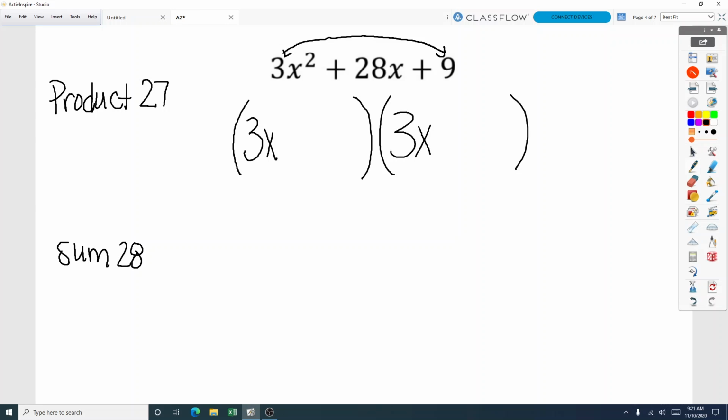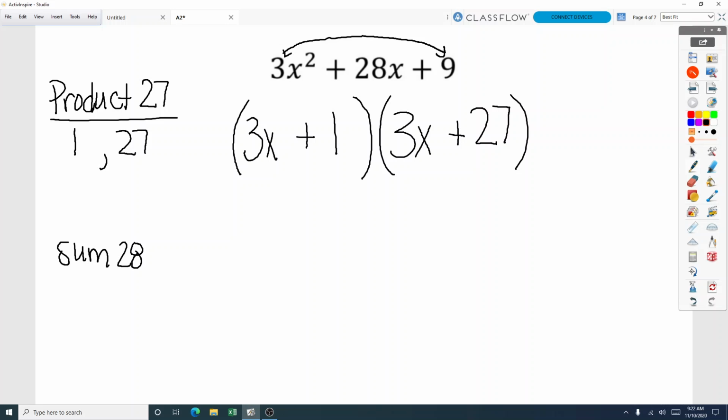But because the sum is positive, it tells me they're both going to be positive. So if I list my factors, we'll write 1 times 27, and 27 plus 1 is 28. So I'm going to say plus 1 plus 27.